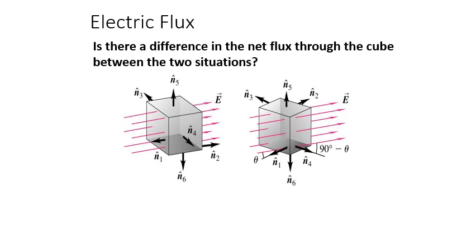Before answering this, just think about it. Here we have two cubes, and in these two cubes N1, N2, N3, N4, N5 and N6 are the normals of the cube surfaces.